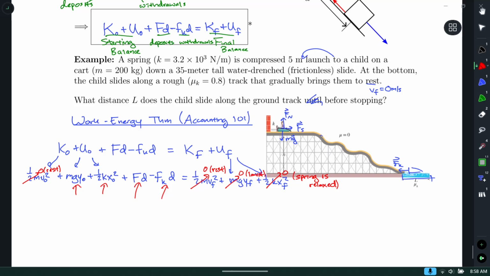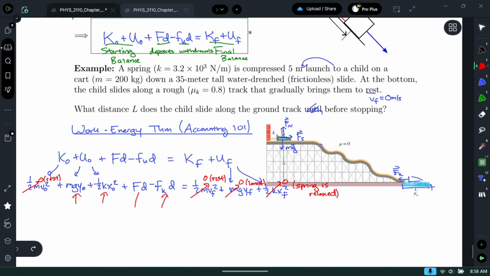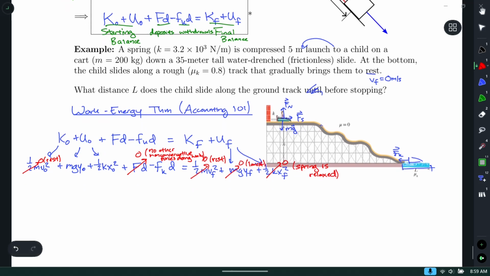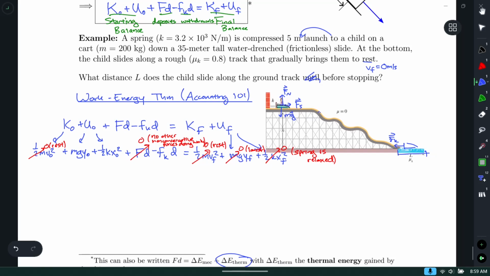There's no other tension or some other outside force that is non-conservative and doing work on this system. So I can throw this out, because aside from friction, which has its own special term, no other non-conservative force is doing work in this problem. If they were launched from a spring and someone were pulling them along with a rope, yes, the rope would be the non-conservative force doing work. But in this case, that's not happening. All right, so thankfully we have drastically simplified this. So let's write out what we've still got.